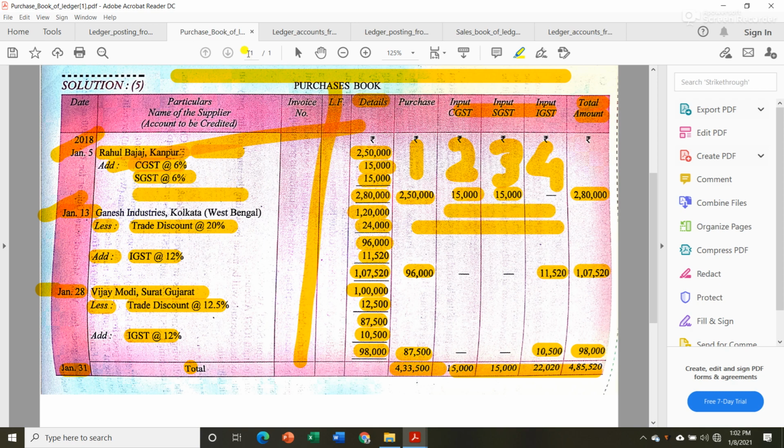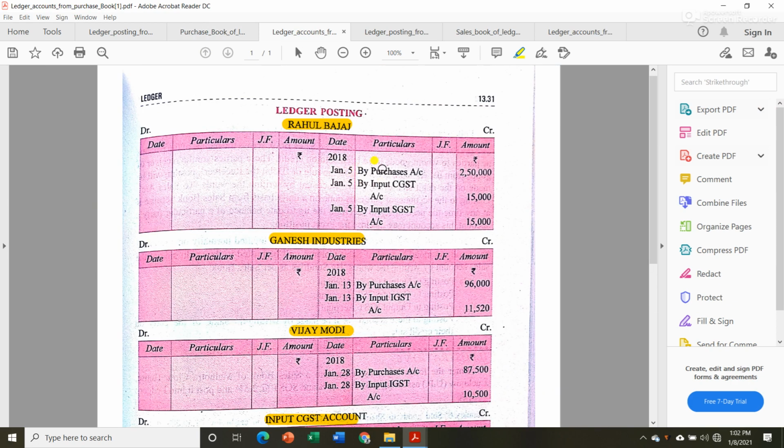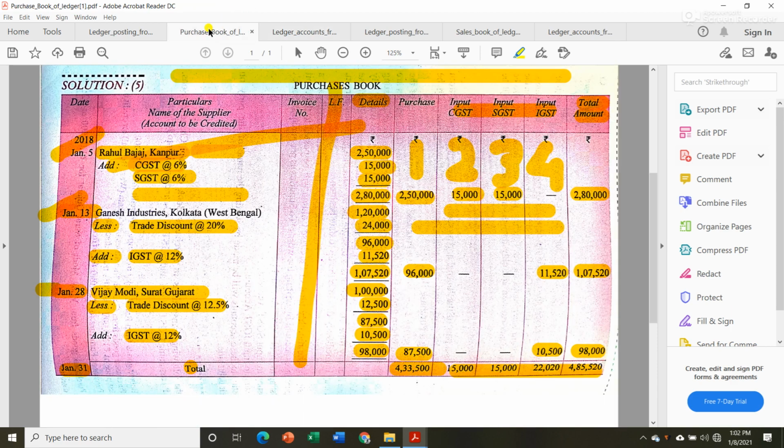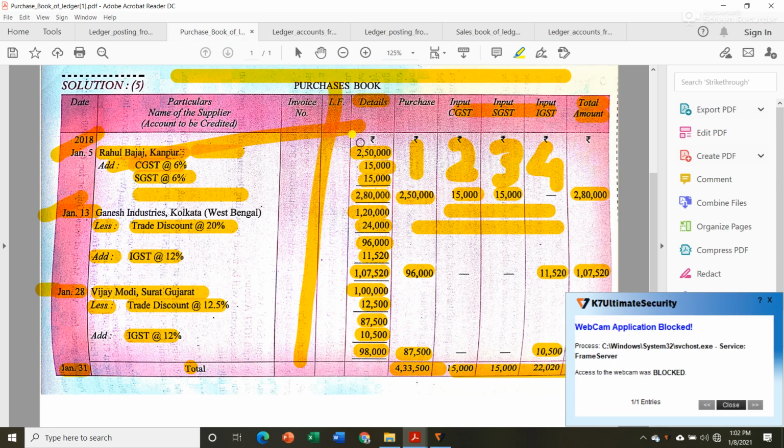Just imagine, don't draw a line or anything, and don't write debit or credit over here. So on the debit side we have Rahul Bajaj, Ganesh Industries and Vijay Modi. It means that on the ledger accounts of these three individual businesses, we will record transactions on the credit side. Opposite.